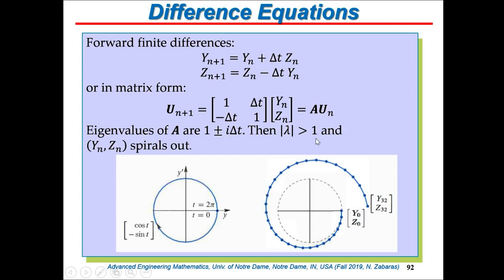And that's exactly what you get by iterating this system of equations for this particular structure with forward finite differences. So if you start, let's say, from the unit circle, instead of staying on this dotted unit circle, the solution gradually diverges, and you see the solution in this case after 32 time steps is no longer on the unit circle, and it will keep getting away from the unit circle as time passes by.